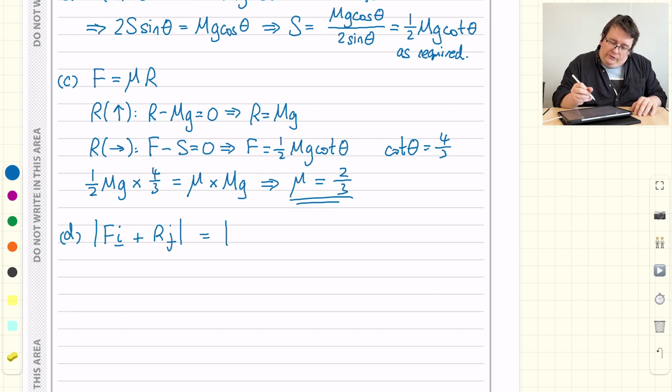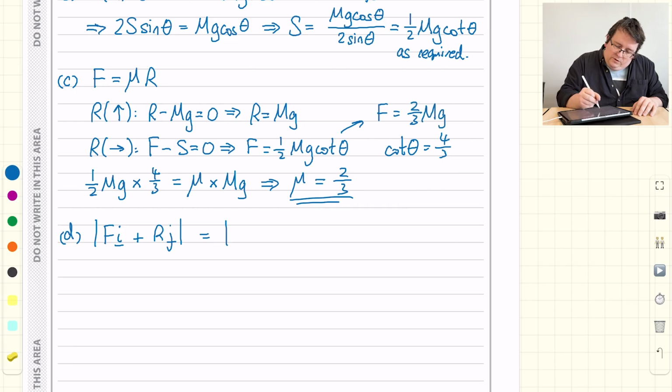So we've got F, which was half mg cot theta with 4/3. So that's telling me that F is 2/3 mg. So we've got 2/3 mg i plus Rj, which is mg j.